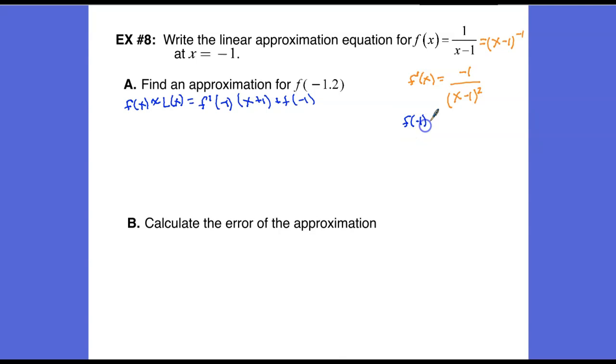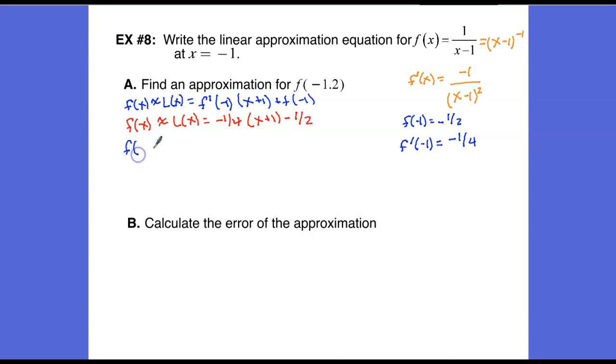So let's see what f of negative 1 is. f of negative 1 is going to be 1 over negative 1 minus 1, and that gives us negative 1/2. f prime of negative 1 gives us negative 1 minus 1 is negative 2, quantity squared is 4, so negative 1/4. So we have f of x is approximately L of x equals negative 1/4 times x plus 1, minus 1/2.